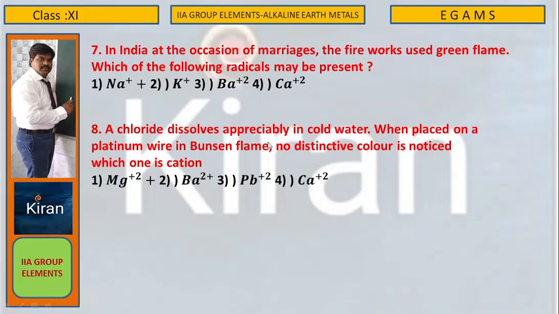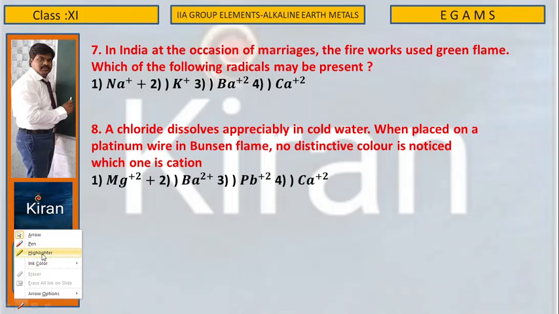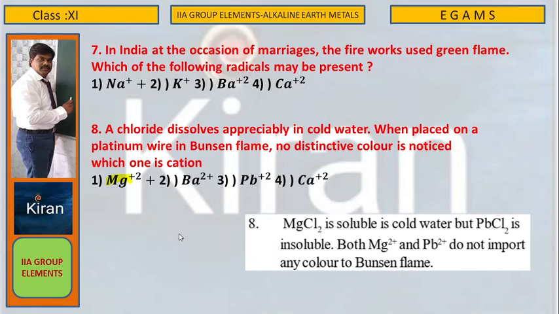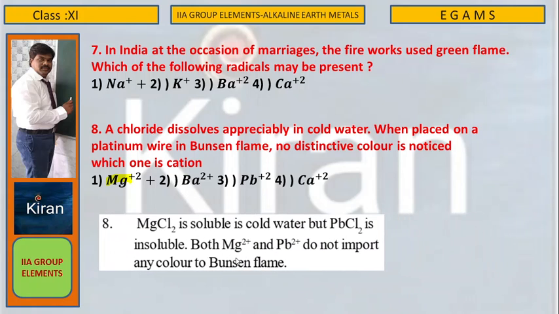Yes, the first option, that is magnesium. This is the right answer. MgCl2 is soluble in cold water, but PbCl2 is insoluble. Both magnesium and lead do not impart any color in the Bunsen flame.